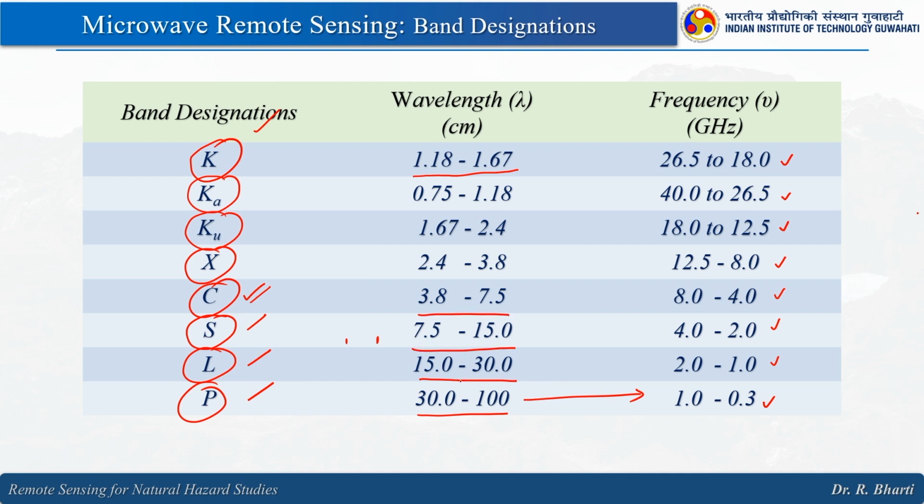C is 3.8 to 7.5 centimeter. You will find most of the sensors operating in this particular wavelength, and corresponding to that you have the frequencies. Now, one thing that you will find at various places is this word, which is called wave number.